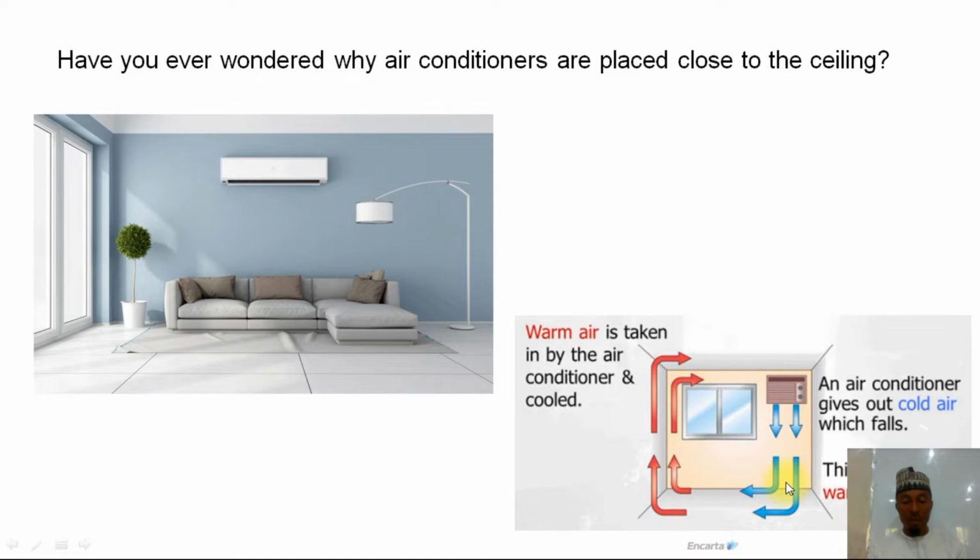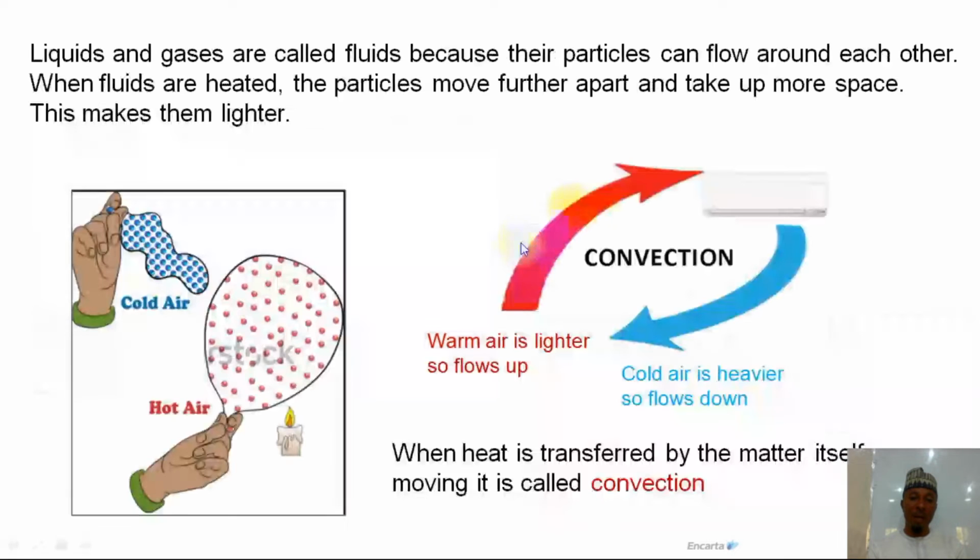This cold air pushes the warm air around the room upward back to the ceiling. The warm air moves back to the ceiling because it is lighter, or let's say less dense, than the cold air.